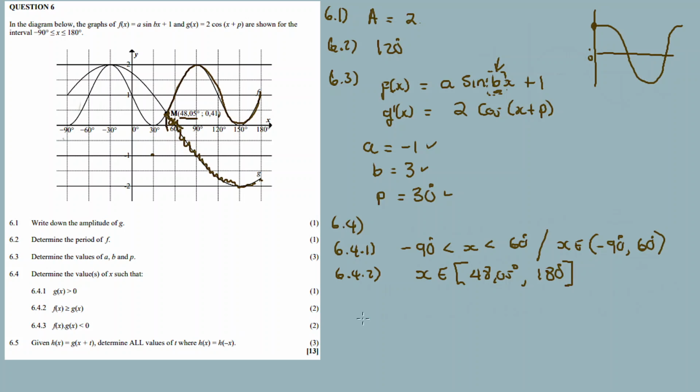Now for this one, 6.4.3, sifuna the part of the graph where f of x times g of x uthole less than 0, meaning it's either lama graphs, sifuna parts of the graph where f are negative, and then if ever f negative, g kwamele abe njani, abe positive.